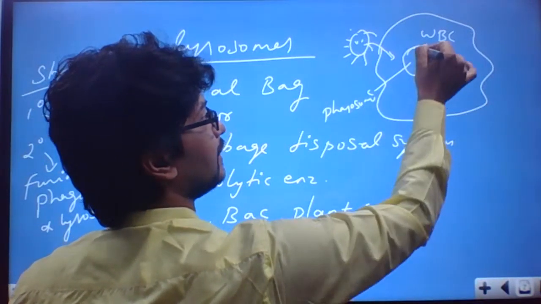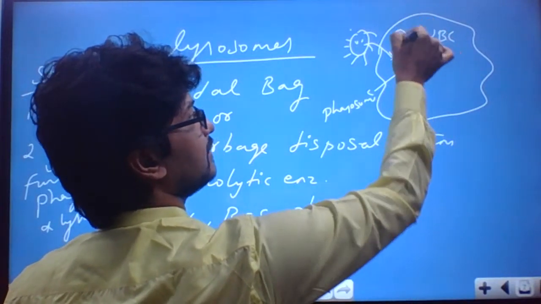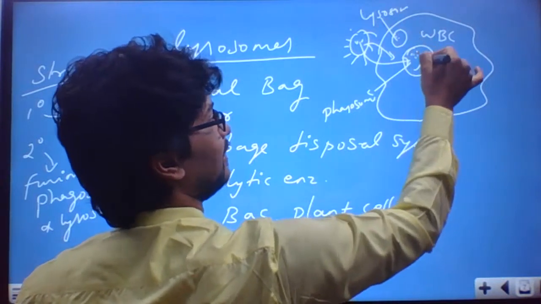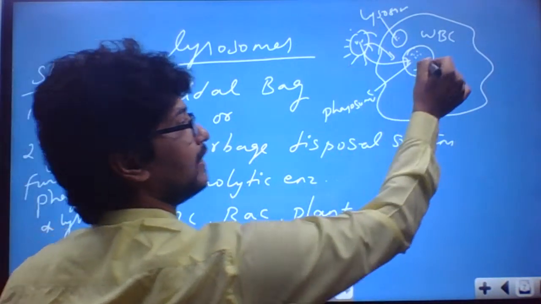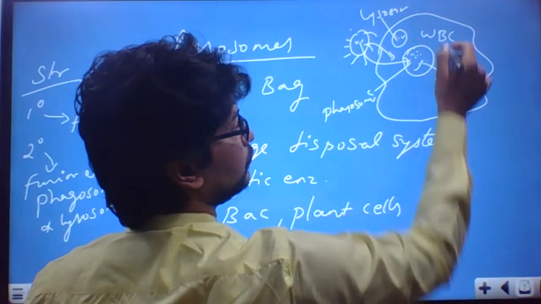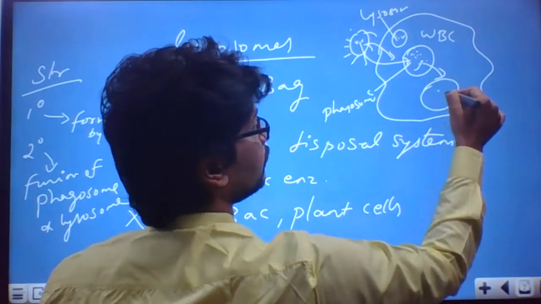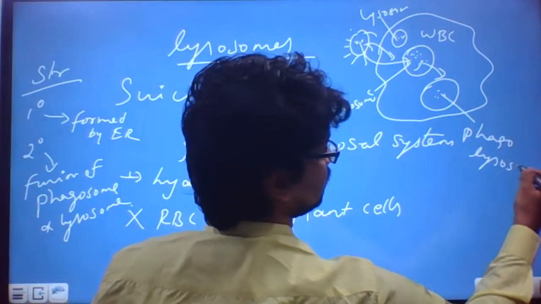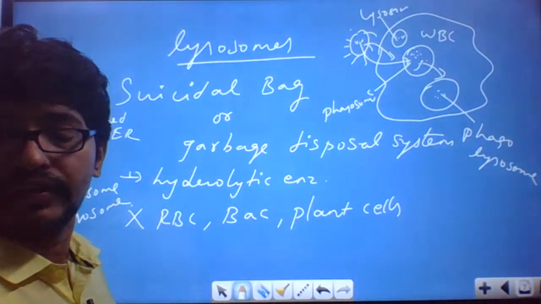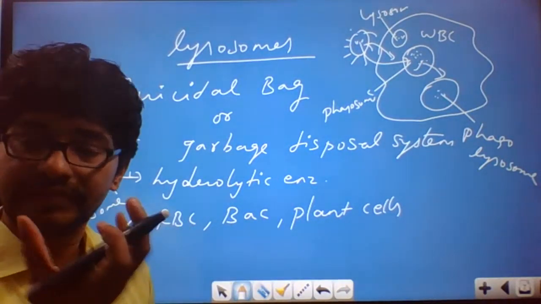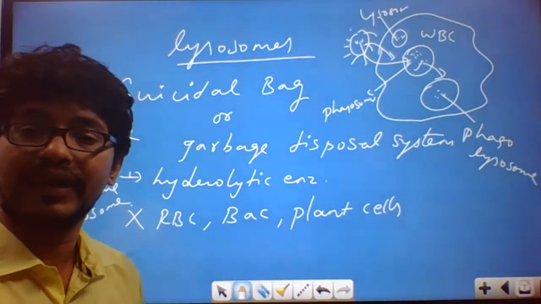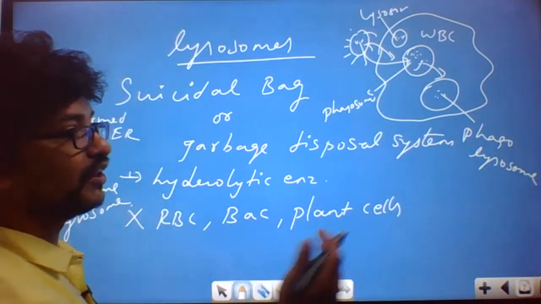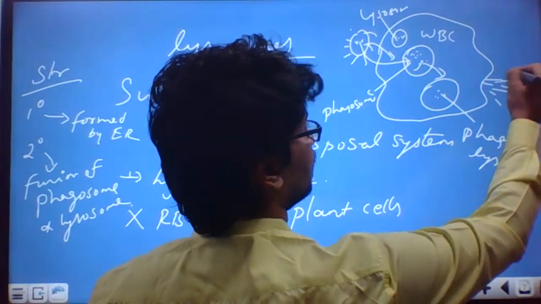phagosome. The lysosome fuses with the phagosome containing the bacteria, and this forms a structure called a phagolysosome. The lysosomal enzymes in this sac-like structure act on the bacteria, and the bacterial cell, the antigen, is destroyed and eliminated out of the cell.